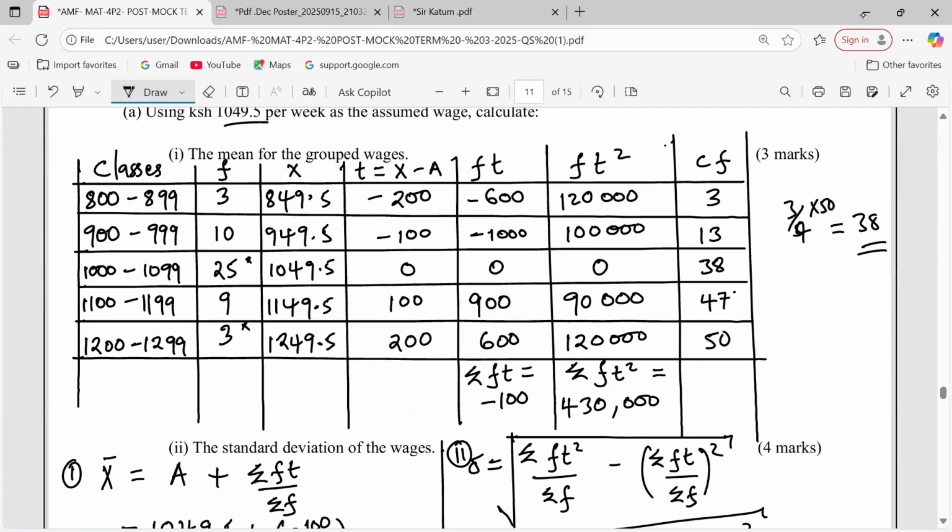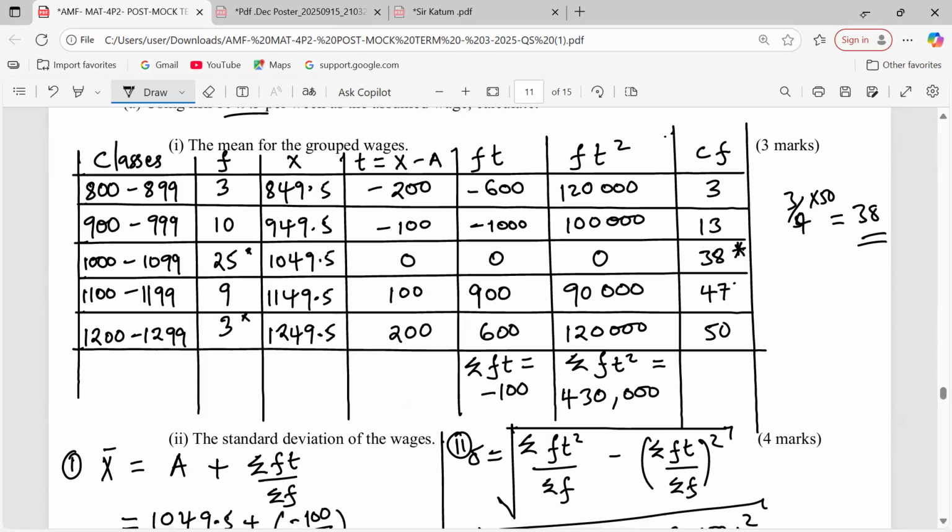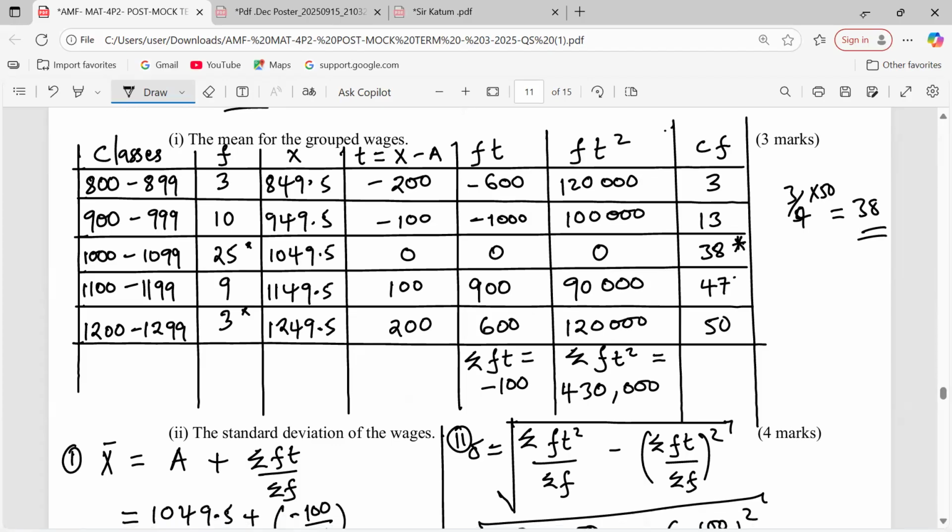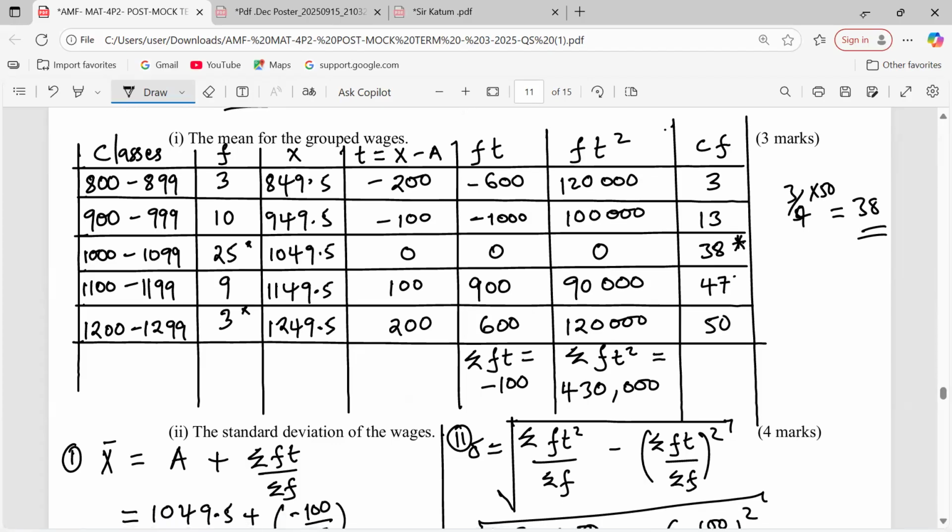So where is the 38th worker accommodated? The 38th worker will be accommodated in this class. If the 38th worker is accommodated in that class, then that is the class that will give us Q3. We identify it. The Q3 class is that one.